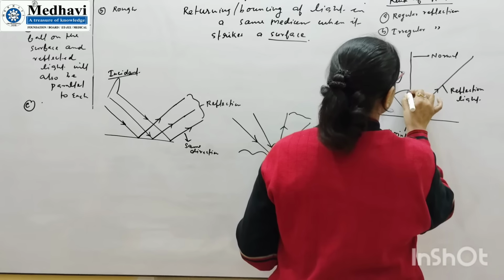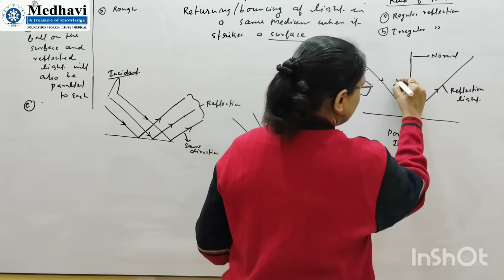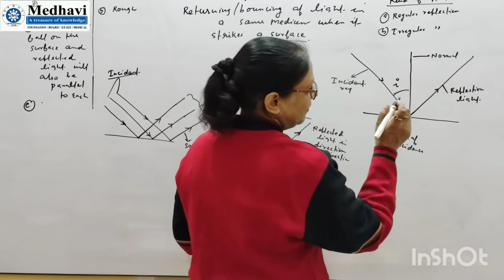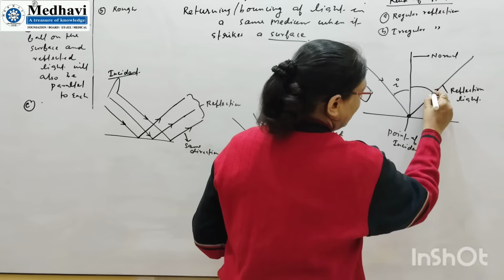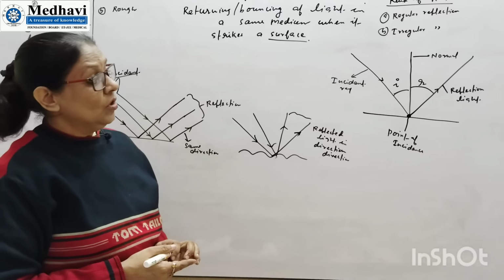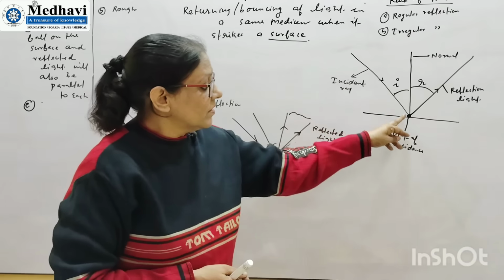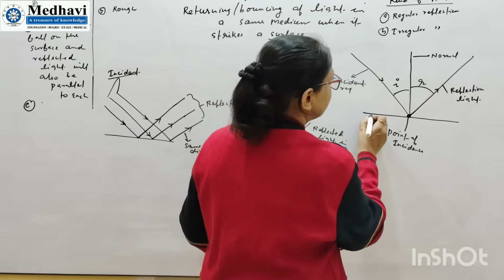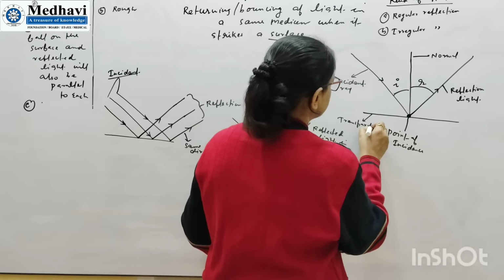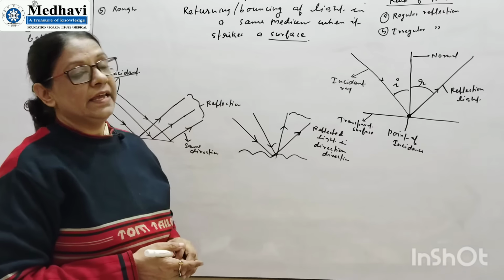This is the angle. Mind it, the angle between the incident ray and the normal is called the angle of incidence, whereas the angle between the reflected ray and the normal is called the angle of reflection. So here we have got different points. The light which strikes the surface, that ray is called the incident ray.